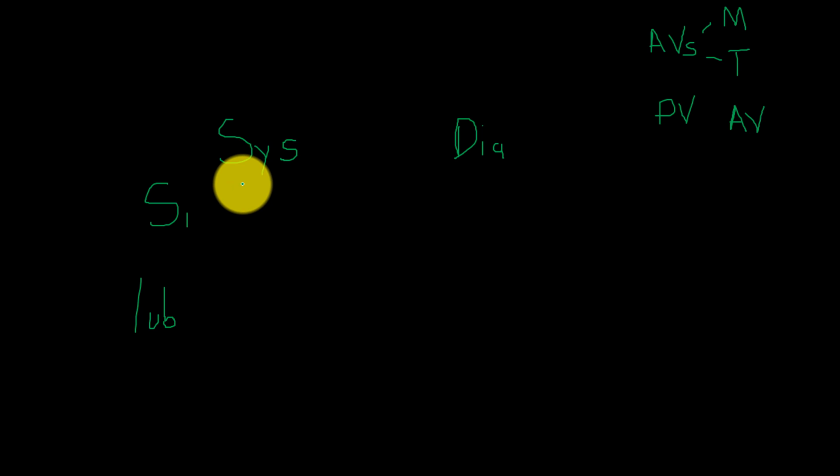Remember that whenever the atria contract and push blood from the atrium to the ventricles, this is the phase of filling. At this point, you have blood present in the ventricles.